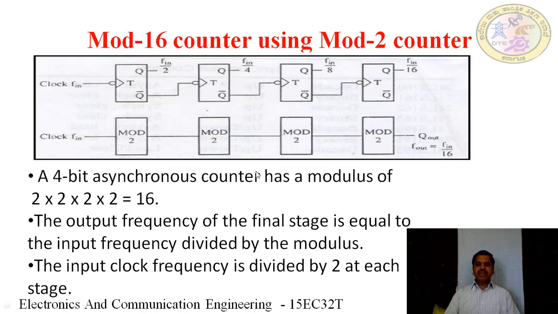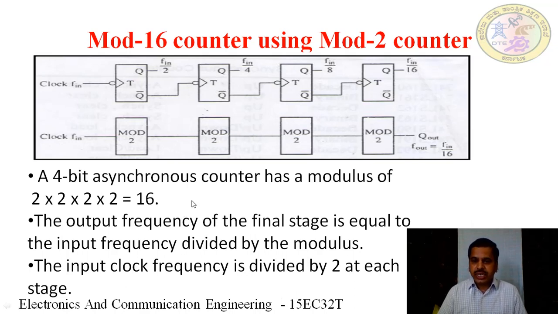That means it divides the input clock frequency by 16. The output frequency of the final stage is equal to the input frequency divided by the modulus. The modulus here is 16, so it divides by 16.